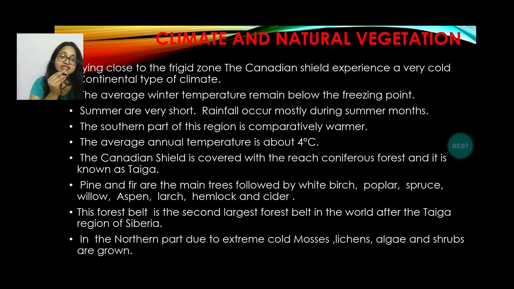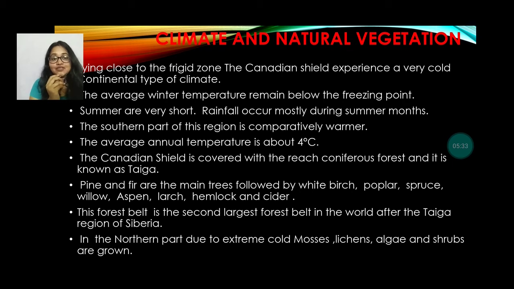The Canadian Shield region is covered with a rich coniferous forest, depending on its climate and physical features. You can see pine and fir as the main trees of this region. Also beech, poplar, spruce, willow, aspen, larch, hemlock and cedar are found in this region.